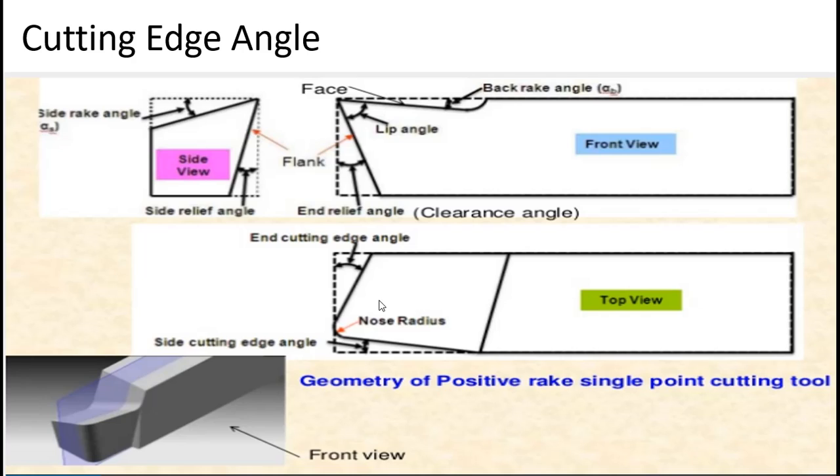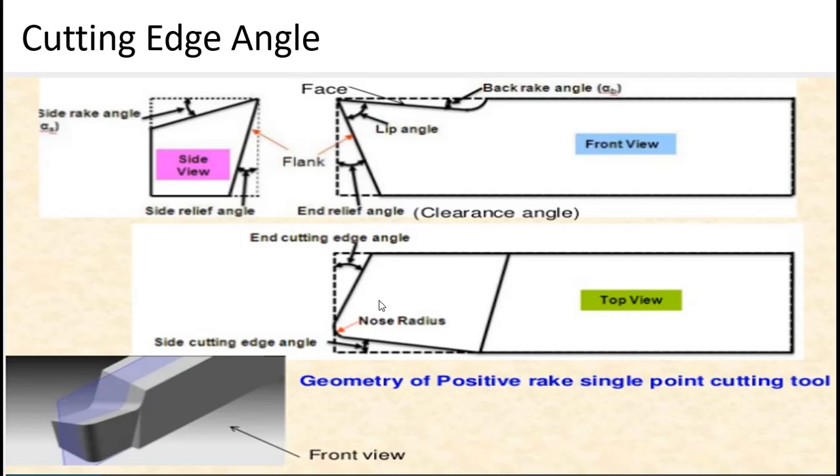Also, the chip produced will be thinner and wider in case of a large side cutting edge angle, which will distribute the cutting forces and reduce the heat on the cutting edge. On the other hand, the larger this angle, the greater the component of force tending to separate the work and tool.